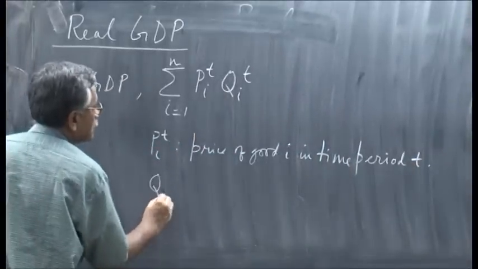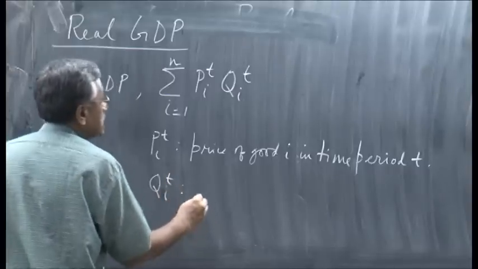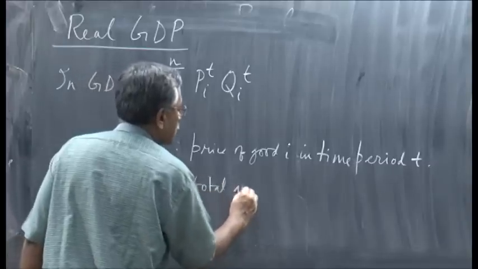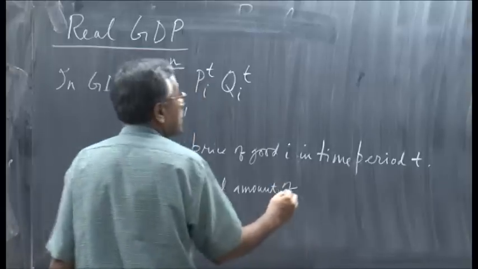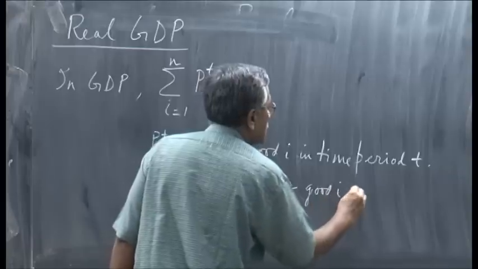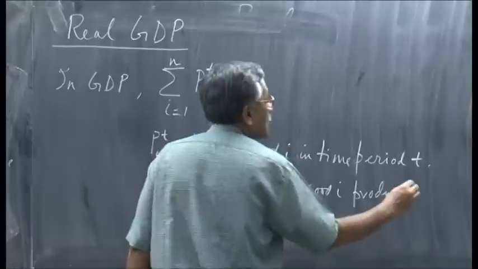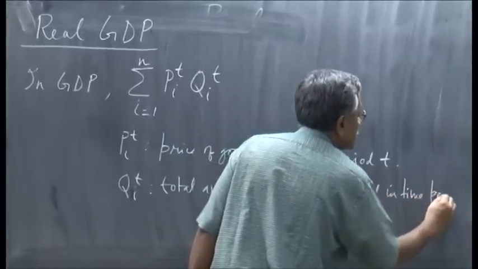and Q_it is the total amount of good i produced in time period t.